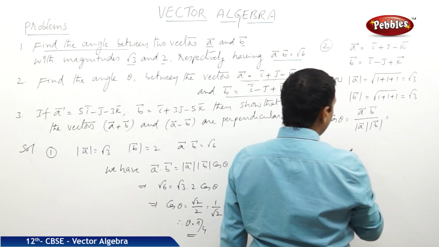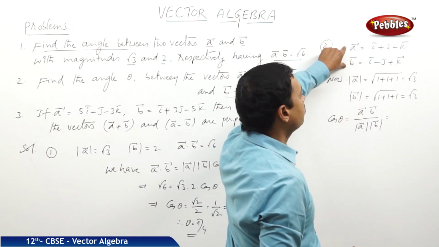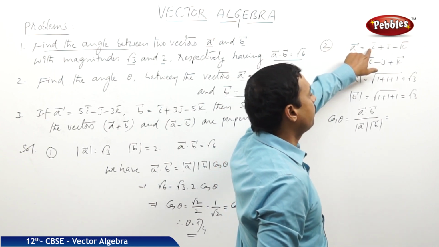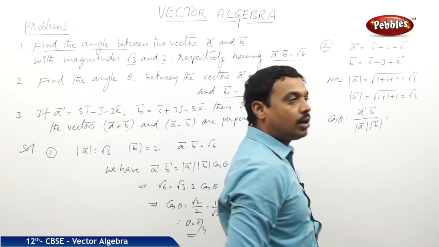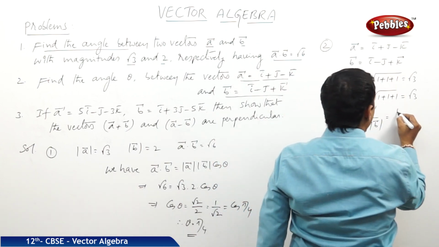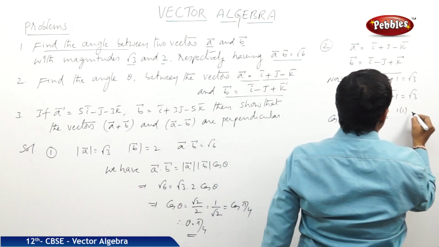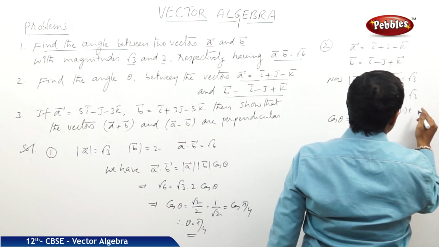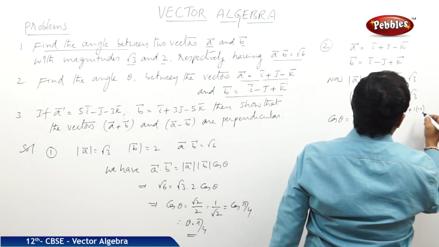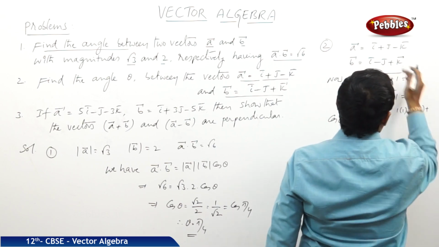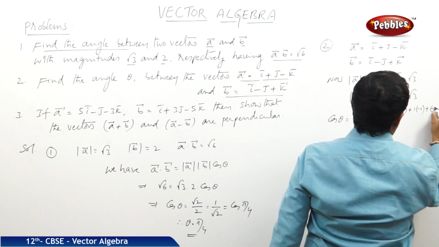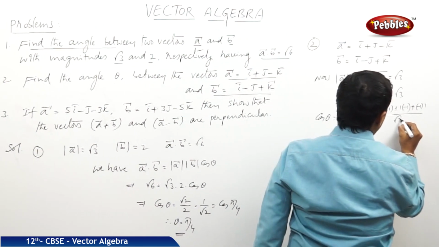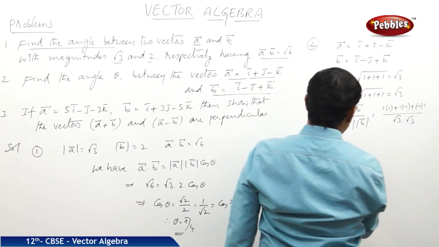Already we proved that the dot product of two vectors is the sum of products of corresponding components. 1 into 1, plus 1 into minus 1, plus 1 into minus 1, plus minus 1 into 1, whole divided by mod A, which is root 3, mod B is also root 3.